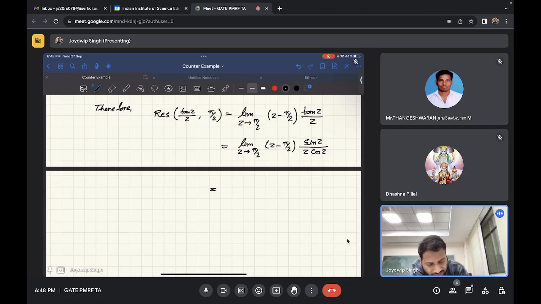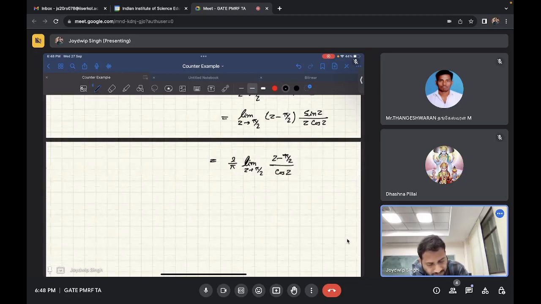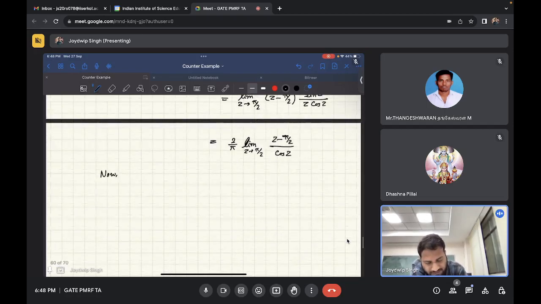So basically we put 2 by pi, and whatever remains is the limit as z tends to pi by 2 of (z minus pi by 2) by cos z. So you have to find only this limit. And note that cos z has only a simple zero, which we said earlier.